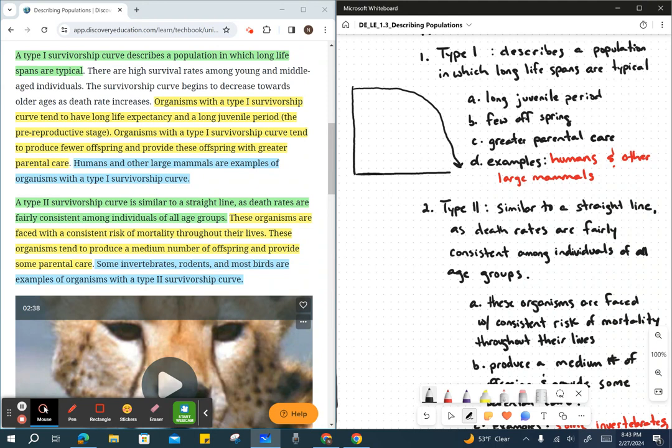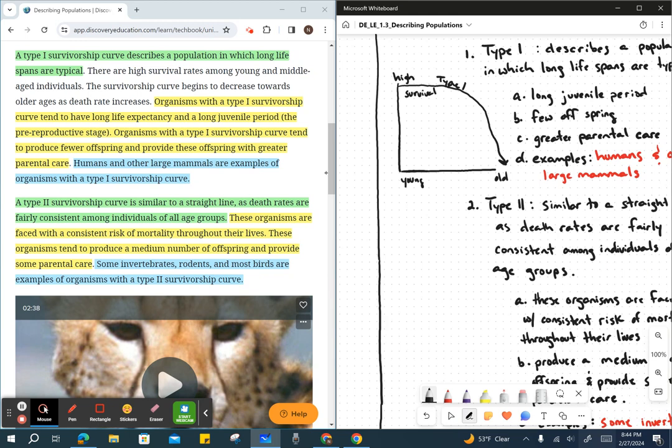So this would be type 1. High survival when you're young to midlife, and then as we get to old age, that's when we see the survivability drops down. Okay.